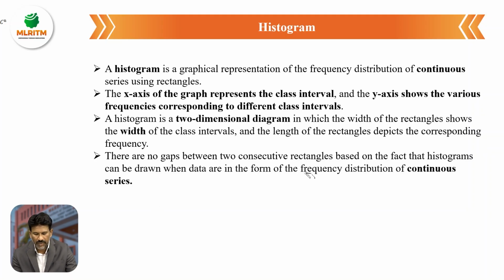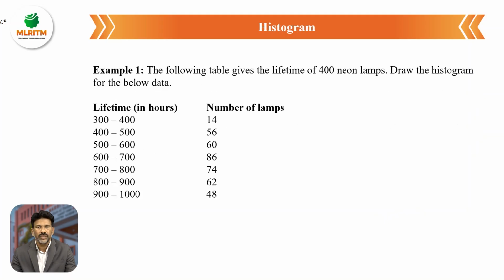There is no gap between two consecutive rectangles in the histogram. So the histogram's distribution data is a continuous flow. For the histogram, we'll follow two examples.